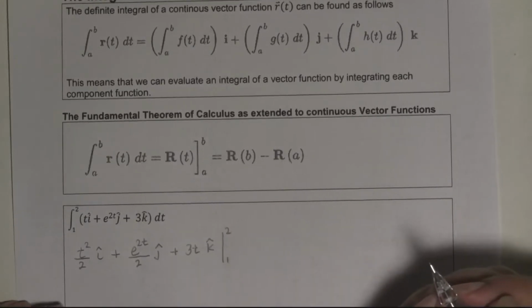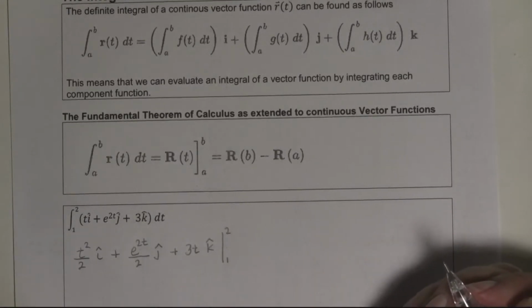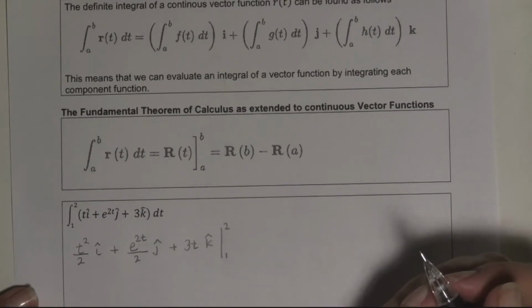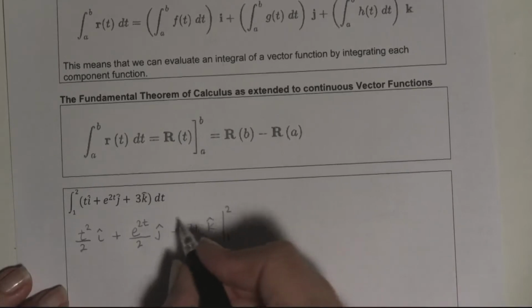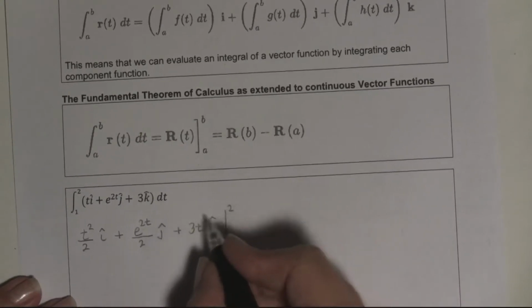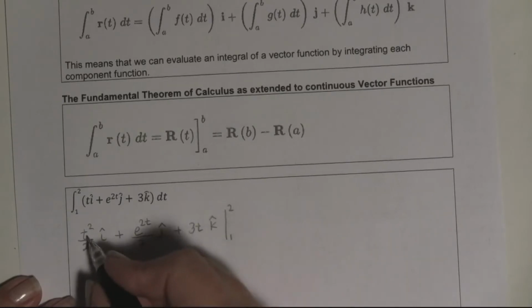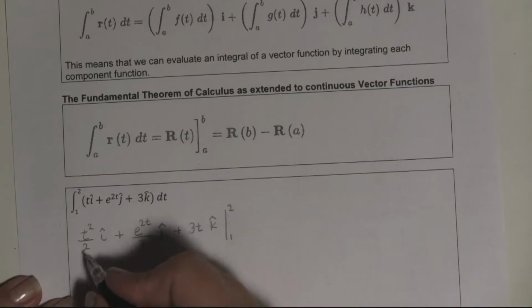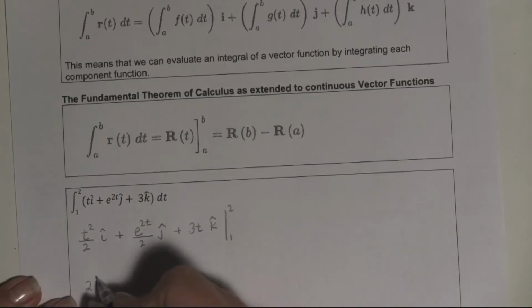I want to evaluate that from 1 to 2. I was taught to draw a straight up and down line to evaluate that, so that's what I do. When I plug this in, you do the upper bound minus the lower bound, and I'm putting in 2. When I put in 2 and square it, I get 4, divided by 2 is 2i.